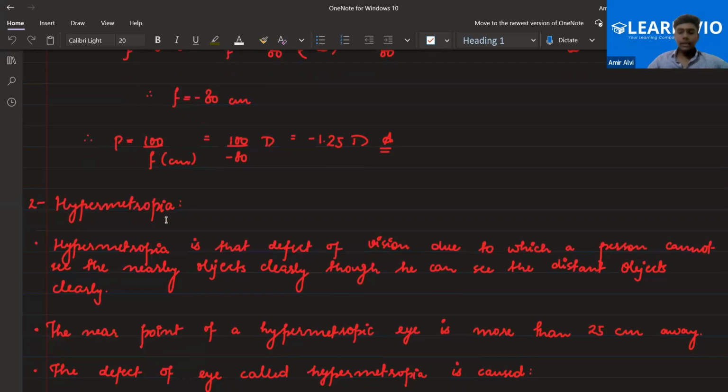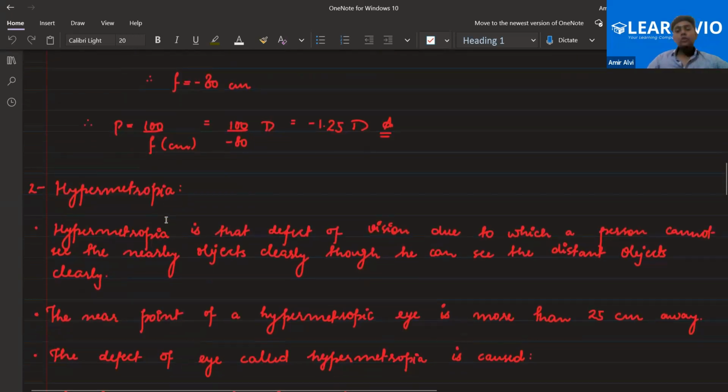Next is hypermetropia. Hypermetropia is the defect of vision due to which a person cannot see nearby objects clearly, but can see distant objects clearly. Clear, everyone?